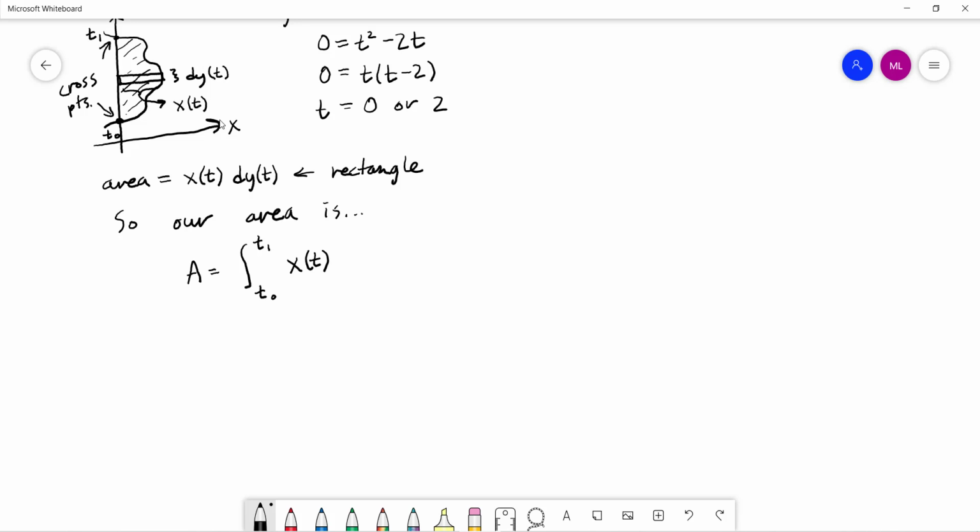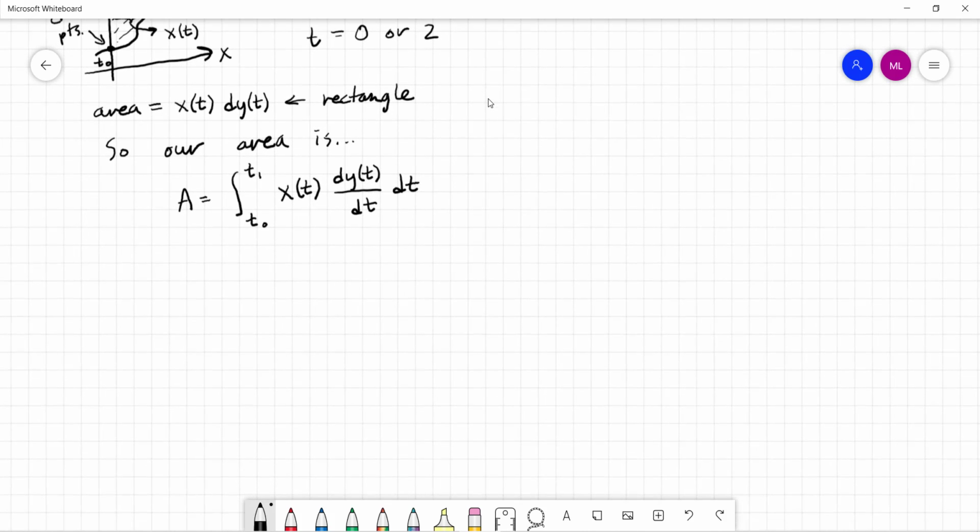But we need to integrate with respect to t, not with respect to y, so I can write dy as dy of t dt times dt, dividing by dt and multiplying by dt. That turns this into a derivative. So this is what our formula is going to wind up looking like.